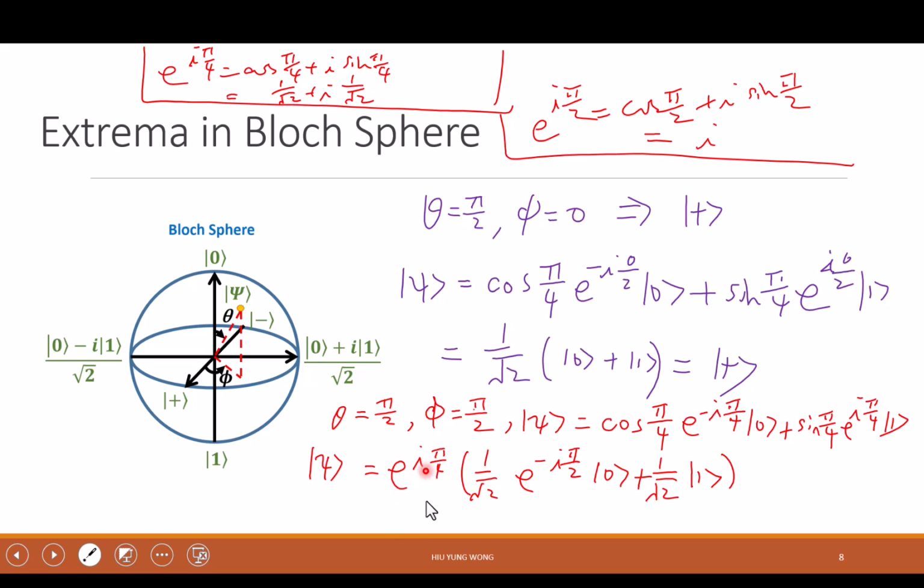How do I factorize this? Yeah, I take out this and this becomes negative i pi over 2. This one becomes 1, right? You just multiply. And actually, I don't need to calculate this, because I just look at this one. This gives me e to the power i pi over 2 times 1 over square root 2 times... Isn't it the negative?